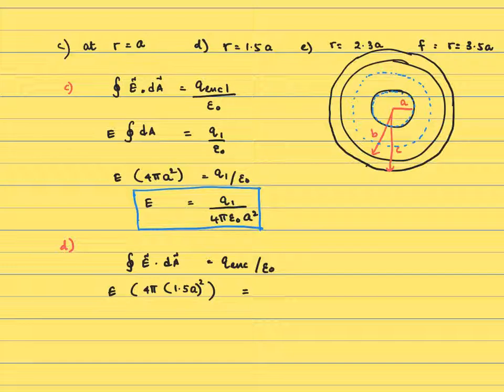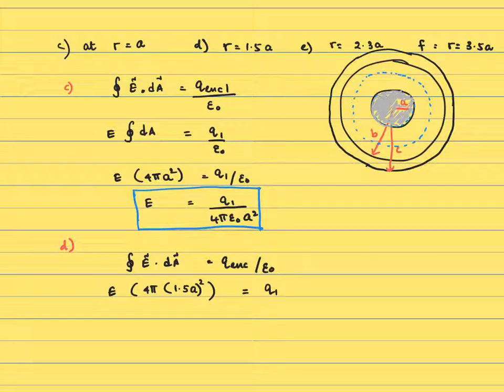As you can see, there's only one thing inside, and that is the solid sphere that I am painting right now. That is the only charge inside, so the enclosed charge is simply q1 like before.